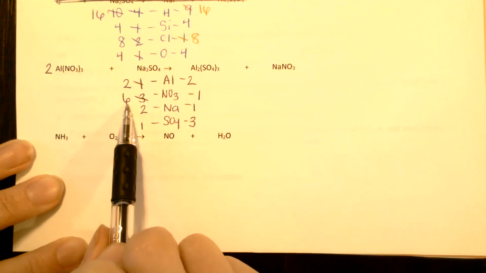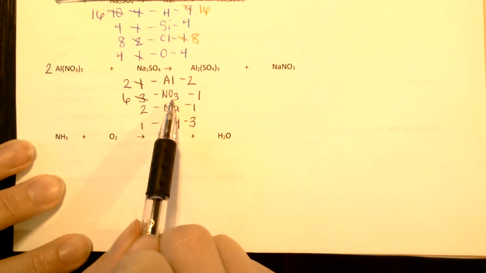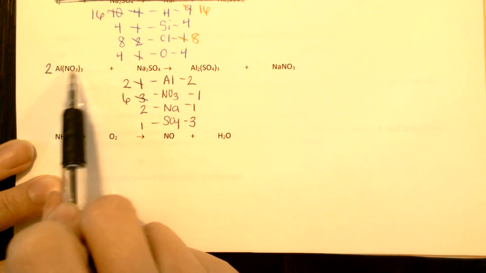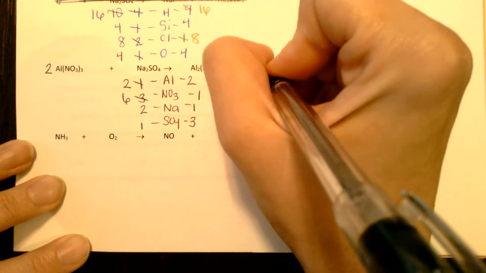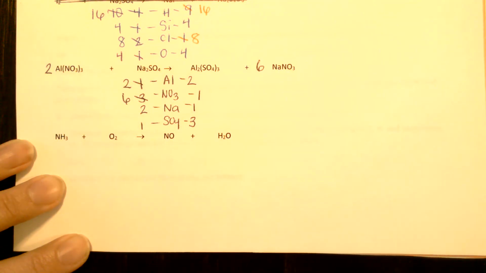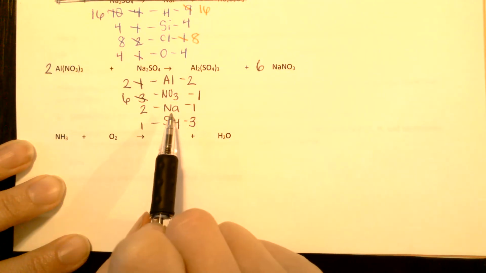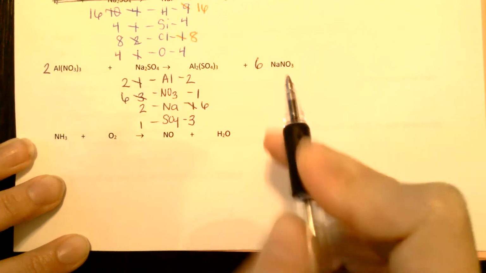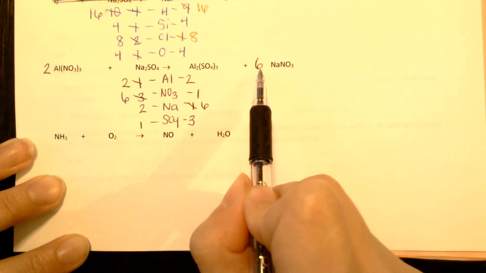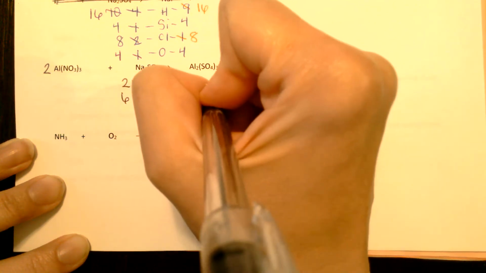If we work our way down, we go with NO3 next. So we have 6 on this side, so we need there to be 6 on this side. So this is going to have to be a 6 here. That's going to change our sodium. This becomes a 6, and now our nitrate becomes a 6 as well.